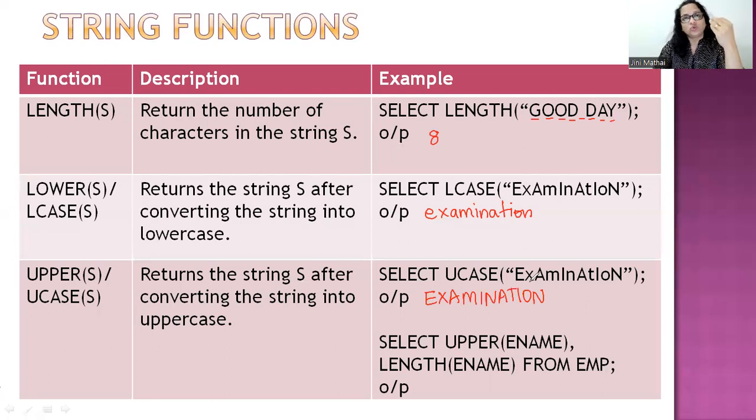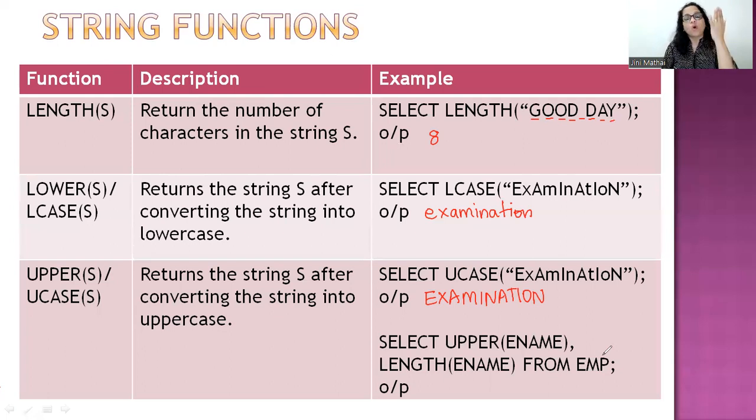Suppose you wanted to show the names of all employees in uppercase, and you want to even show the length of their names. Look at this command. I wrote select upper(ename), comma, length(ename) from EMP. So 2 columns of answer I will get.